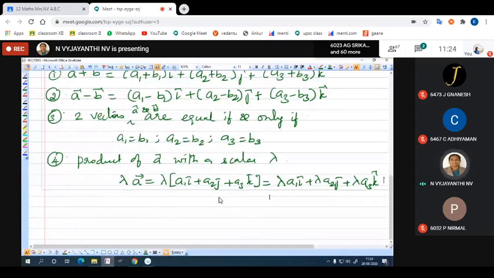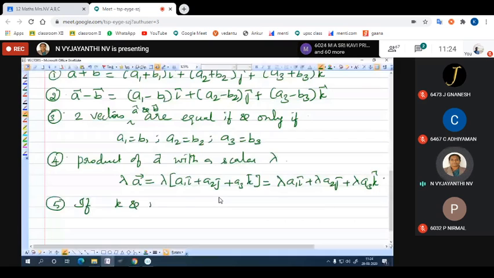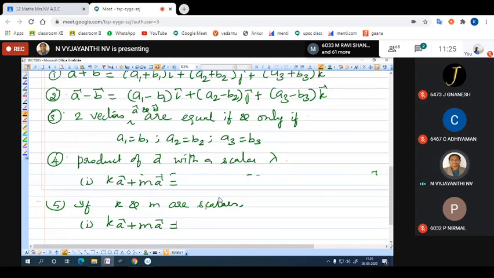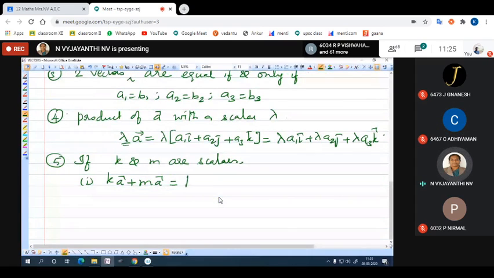If k and m are two scalars, here we had only one scalar, now we are going to assume k and m as two scalars. First case, k into a vector plus m into a vector: how to write this? a vector can be taken commonly, so we can write (k plus m) into a vector.